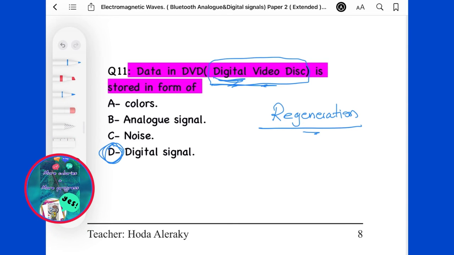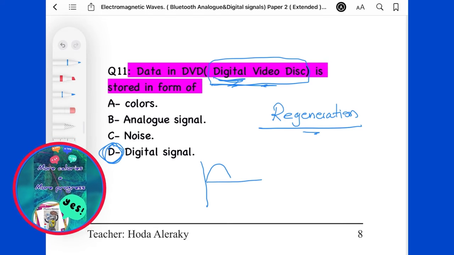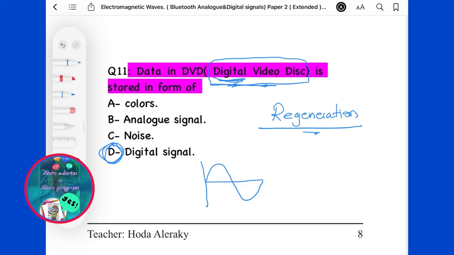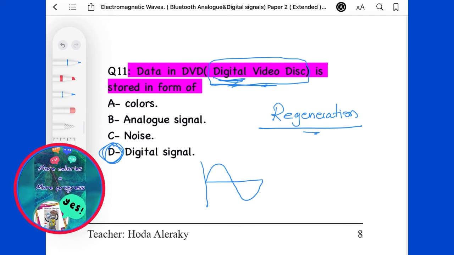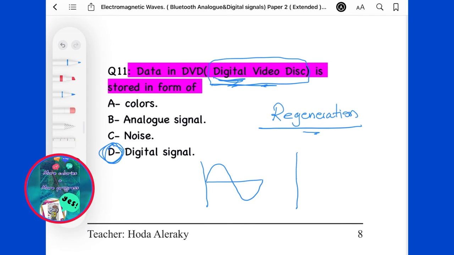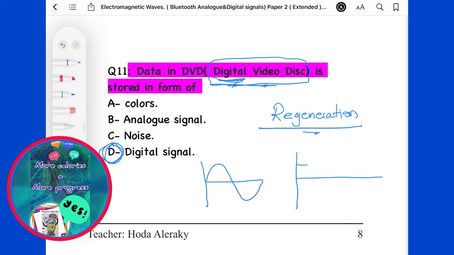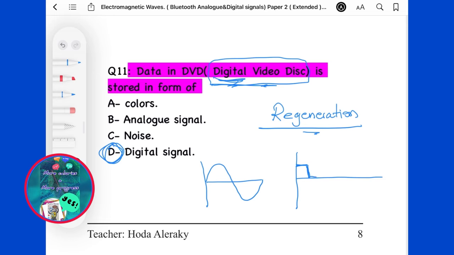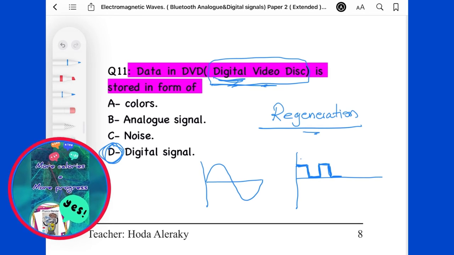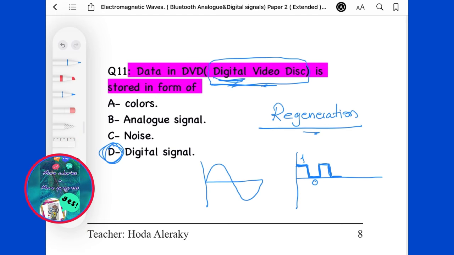Okay? The last point I would like to tell you is that if you draw an analog signal, as I told you in the first question, it could be like a sine wave, but if you draw a digital signal, it looks like squares. If you would like to translate this, the higher one here represents 1, and here it's 0, here it's 1, here it's 0.